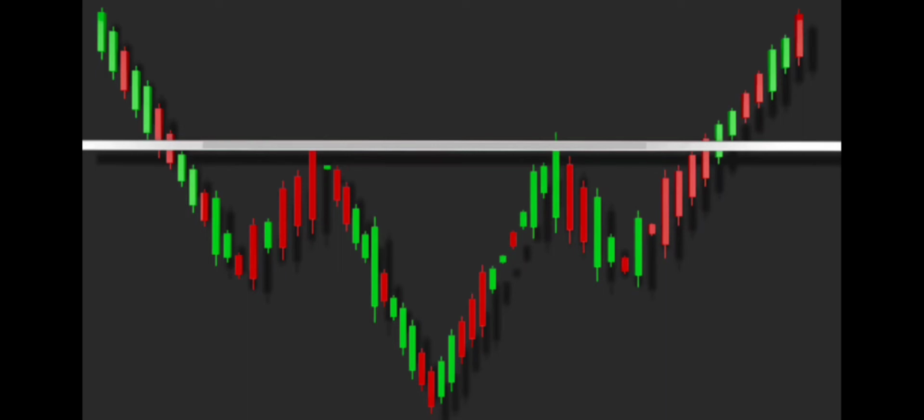All right, guys, this is a very good picture of an inverted head and shoulders pattern. You notice that price was in the downtrend and the pattern was printed for price to change to an uptrend. Are you getting it now?